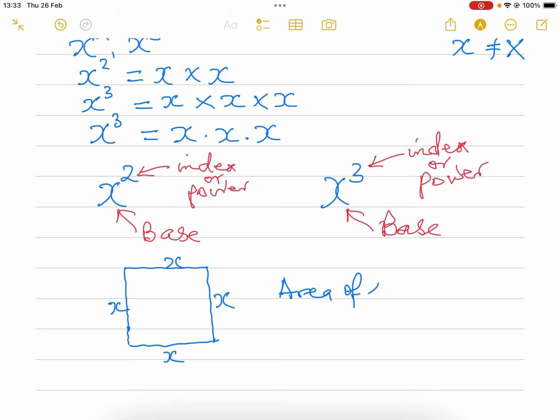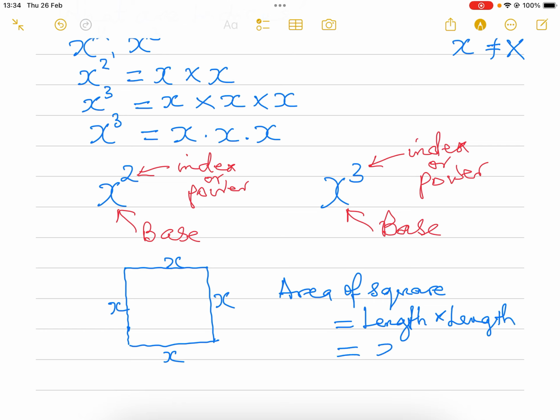If we want to find the area of this square, the area will be the length times the breadth.